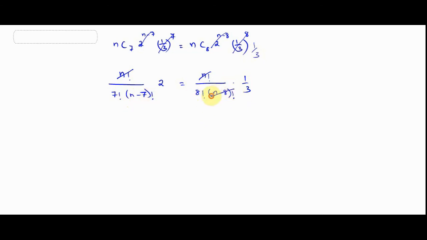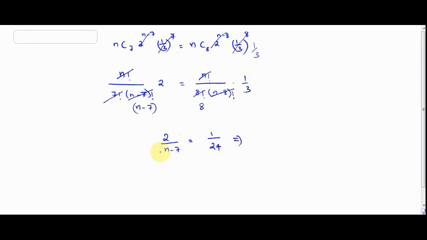If we cancel (n minus 8) factorial on both sides, here we will be left out with n minus 7, and here we have 7 factorial and 8 factorial. If I cancel 7 factorial from 8 factorial, I will be left out with 8. So once we simplify, what we get is 2 divided by (n minus 7) equal to 1 by 24.